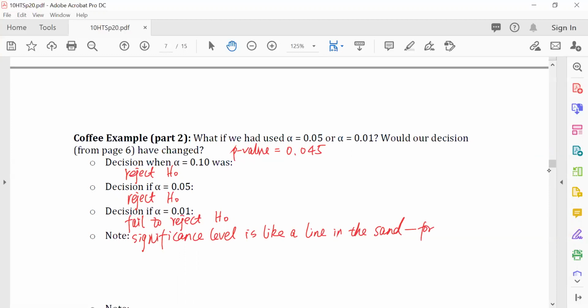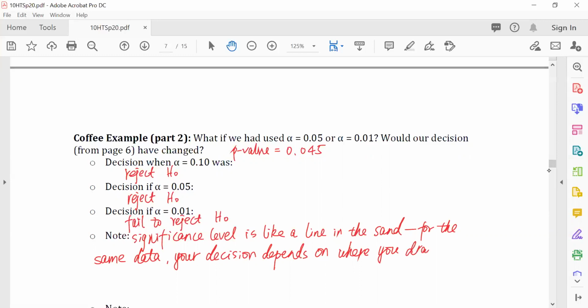So for the same data, your decision depends on where you draw the line.